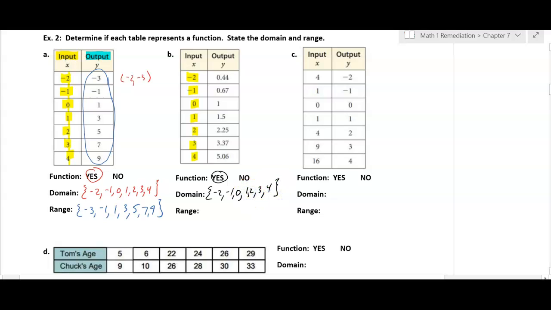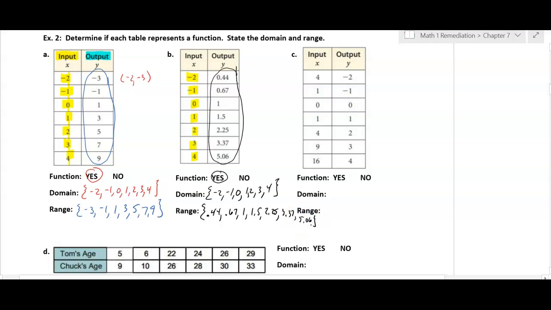Okay? And my range will just be the set of outputs. Remember, it's all right for the outputs to repeat. So 0.44, 0.67, 1, 1.5, 2.25, 3.37, and I'm running out of room, 5.06.